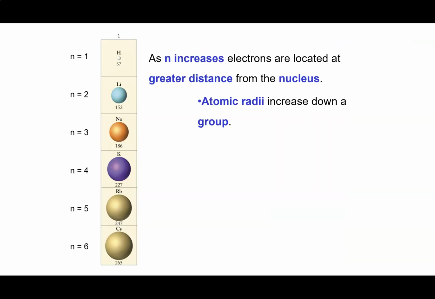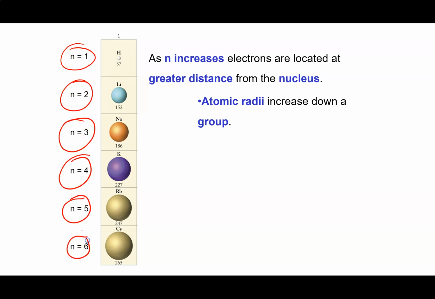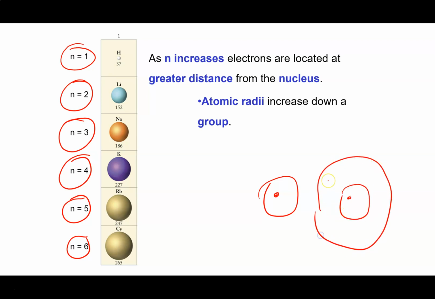Now, we know that as we go down the periods of the periodic table, what we're doing is we're adding layers of electrons. So those elements that are in the first period, they only have one shell. Those atoms that are in the second period have 2 layers of electrons.